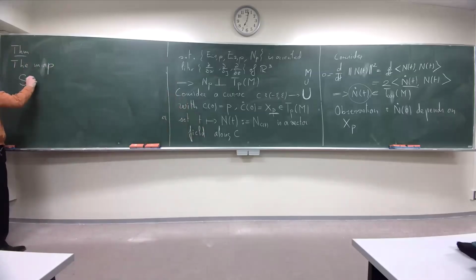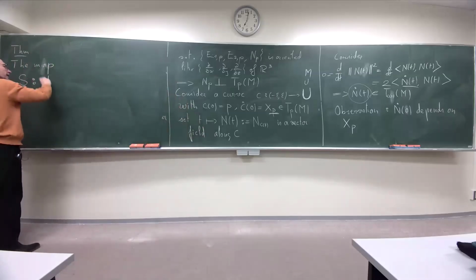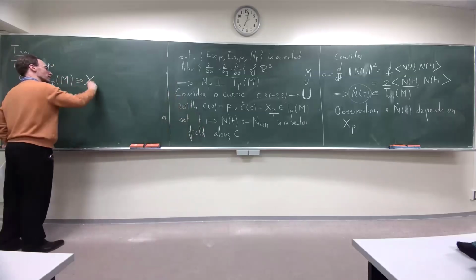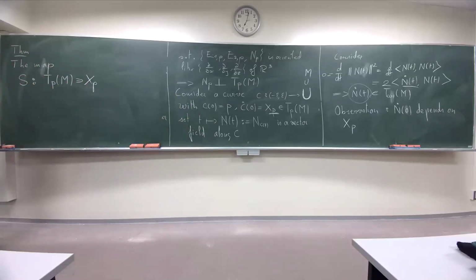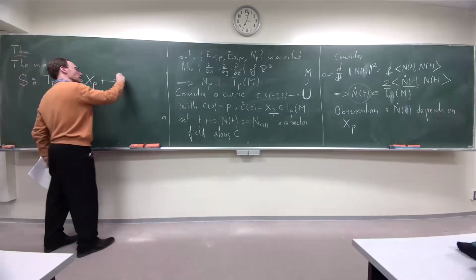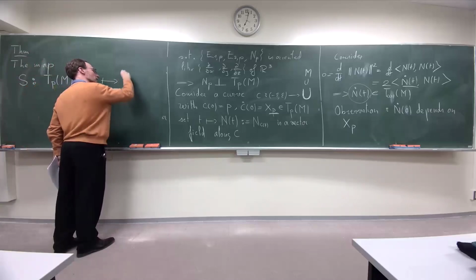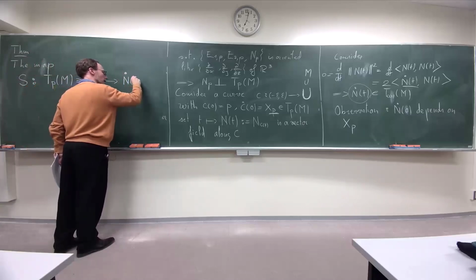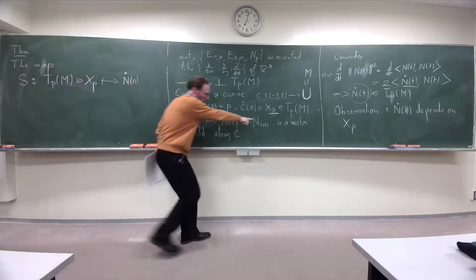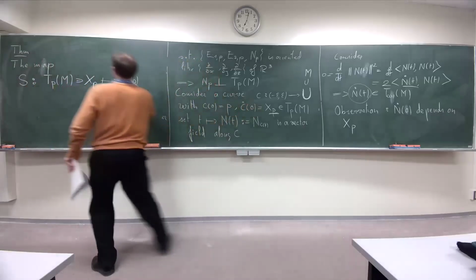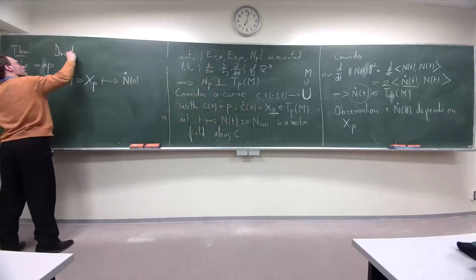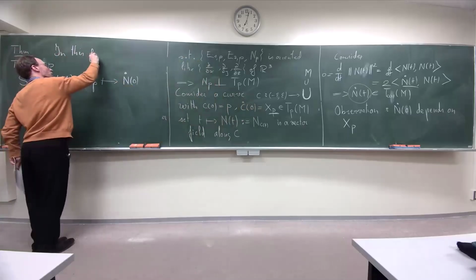I'll call it S. It takes an element of the tangent space. So you take a vector in the tangent space, and you send it to this n dot. So you construct a curve which satisfies, I should say, the framework introduced above.